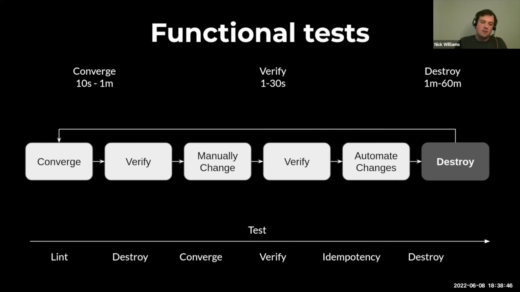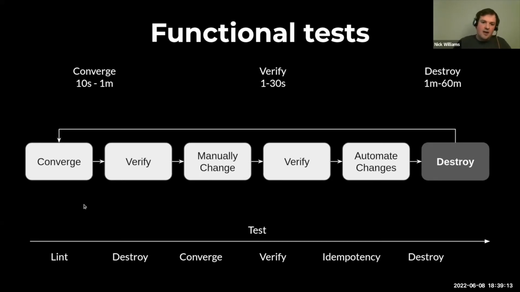But now, that change that I've made manually, I need to write back into my IaC, which I can do, and I rerun a converge, and then I can re-verify again. I may or may not do a destroy in between making my changes and automating my changes. It really just depends on whether or not I can bring the state back, or I've already gone too far with my infrastructure that it's basically broken.